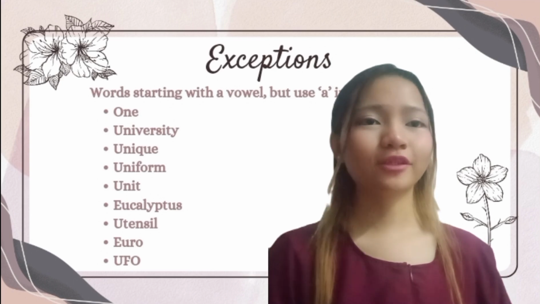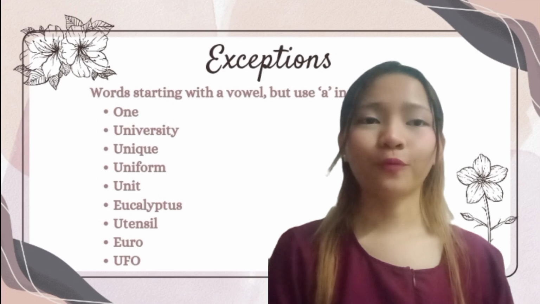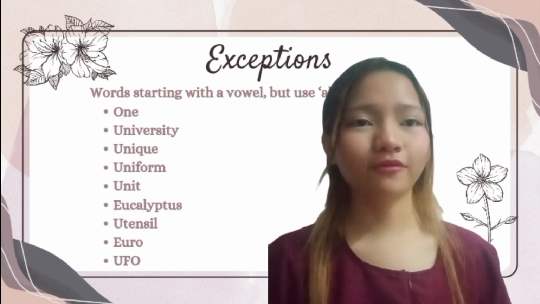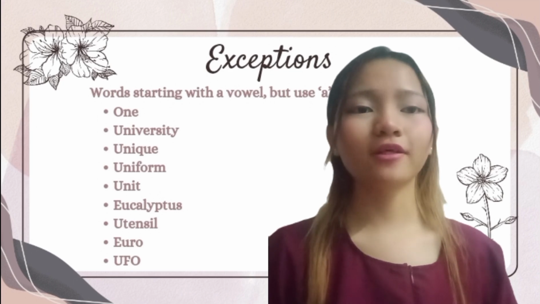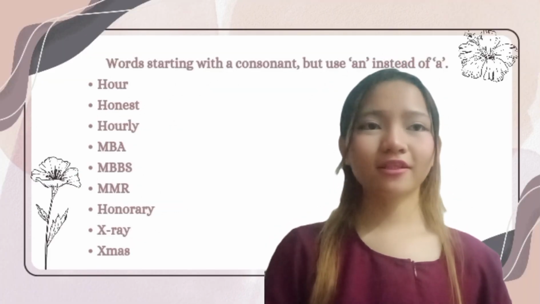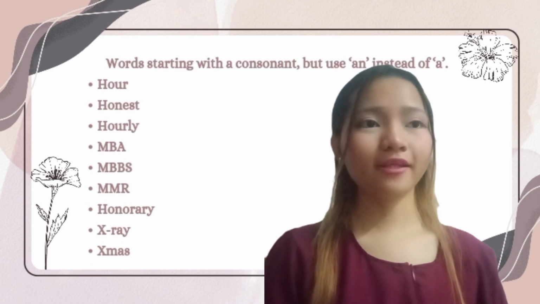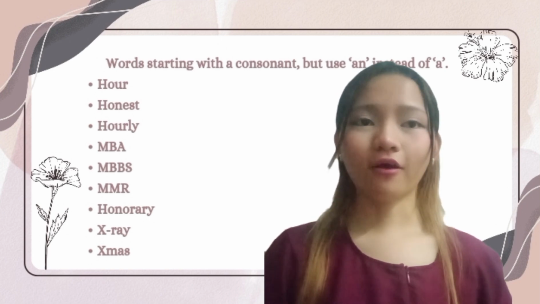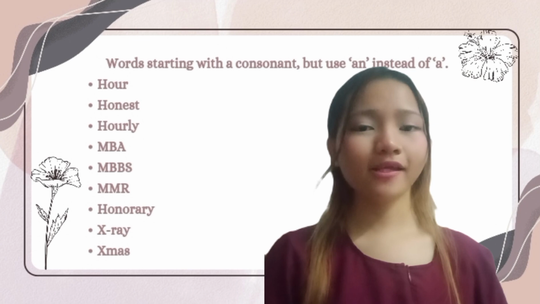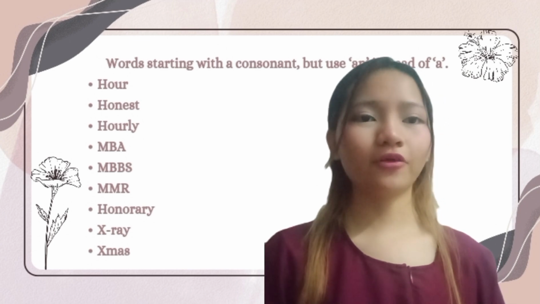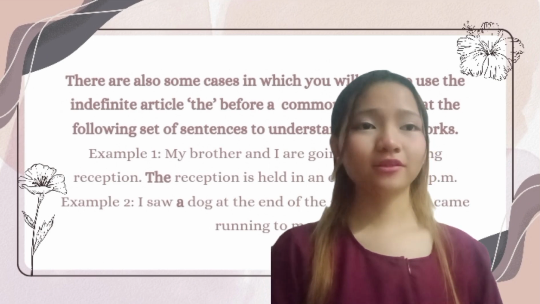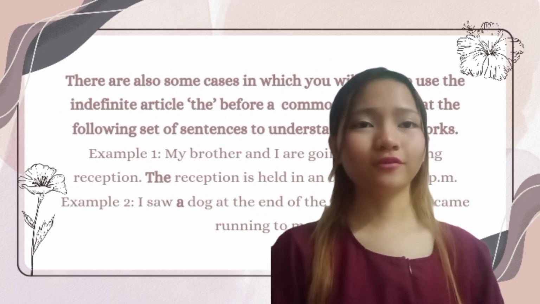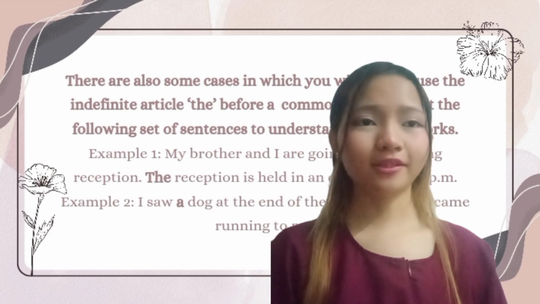The exceptions of words starting with a vowel but using a instead of an are university, unique, uniform, unit, eucalyptus, utensil, euro, and UFO. The words starting with a consonant but using an instead of a are hour, honors, hourly, MBA, MBBS, MMR, honorary, X-ray, and Xmas.